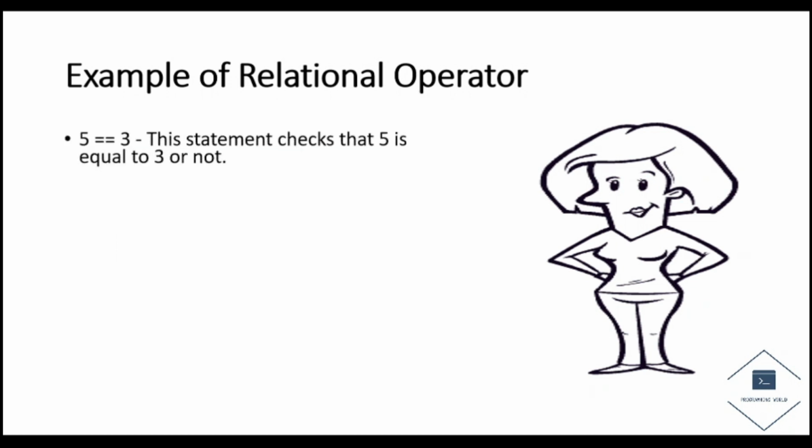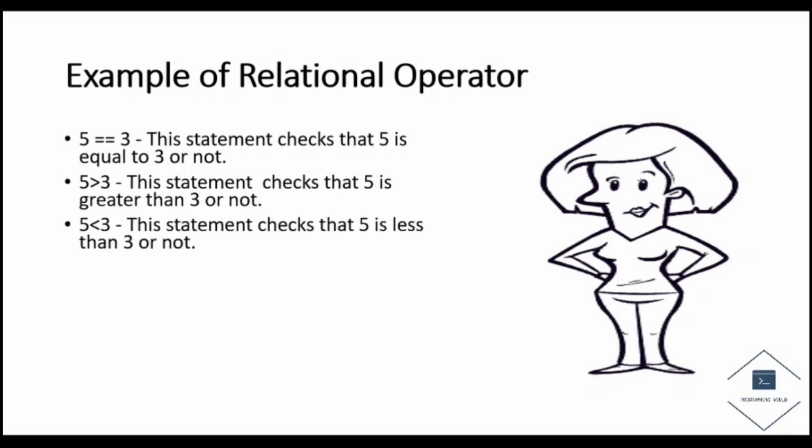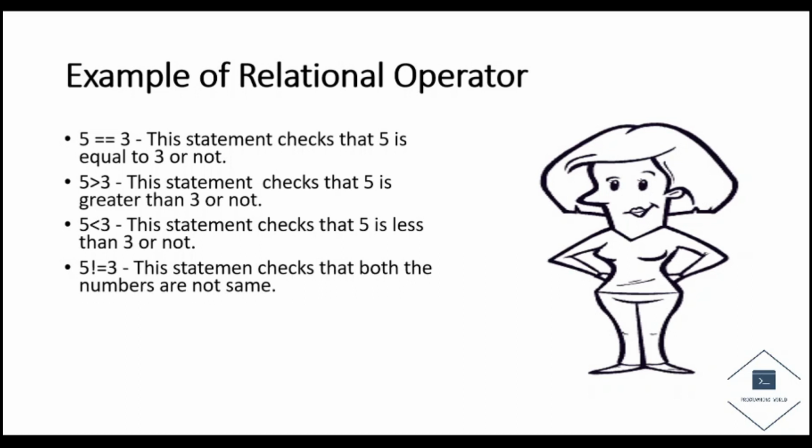5 equals equals 3. This statement checks whether 5 is equal to 3 or not. 5 greater than 3. This statement checks whether 5 is greater than 3 or not. 5 is less than 3. This statement checks whether 5 is less than 3 or not. 5 not equal to 3.